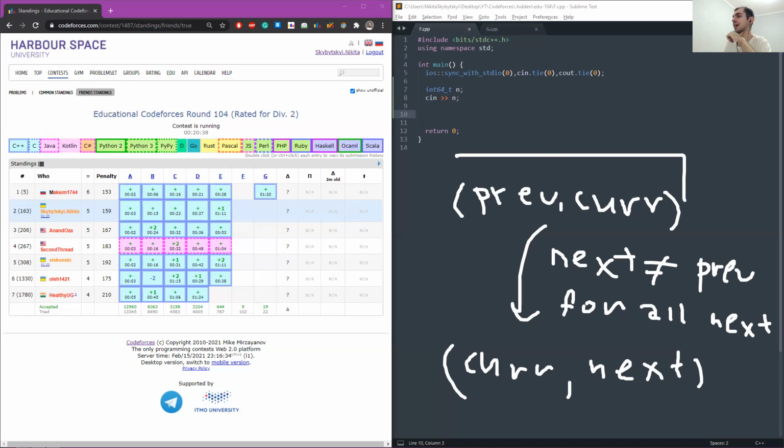The problem is, I kind of wanted to store just frequency of previous and frequency of current. And how do you know where you actually go from here? You don't know. You need frequency of next to be non-zero. We clearly can't store the frequency of all letters in each state, because then it's just too many parameters for a state.